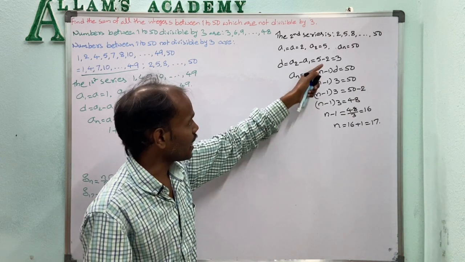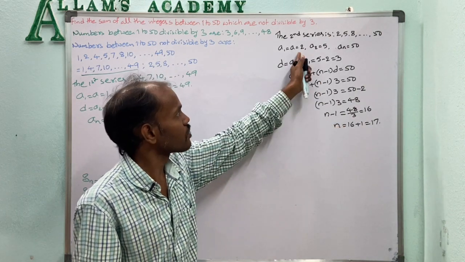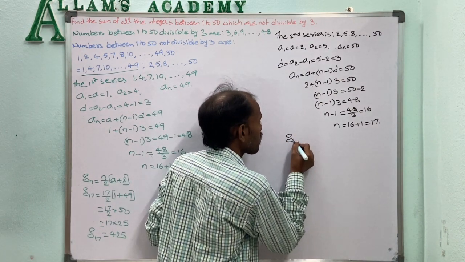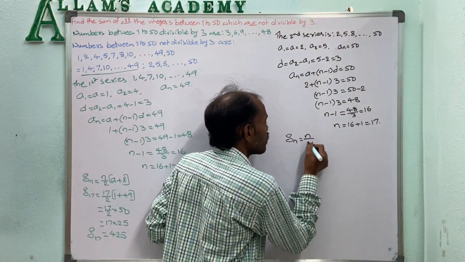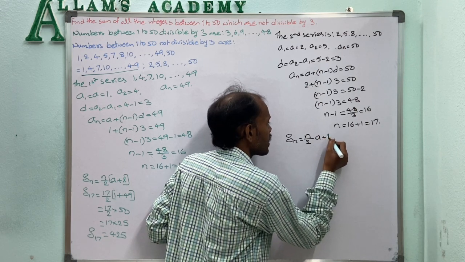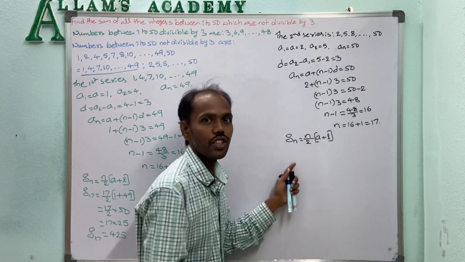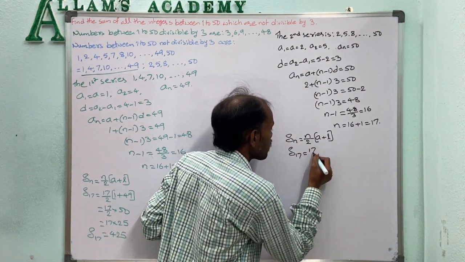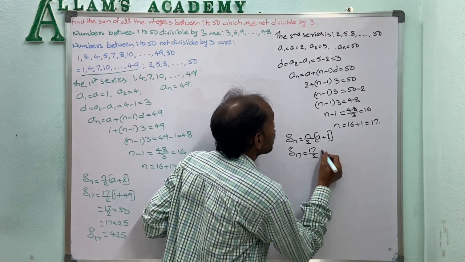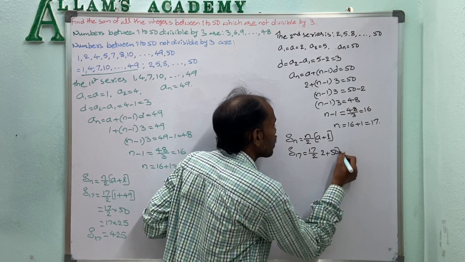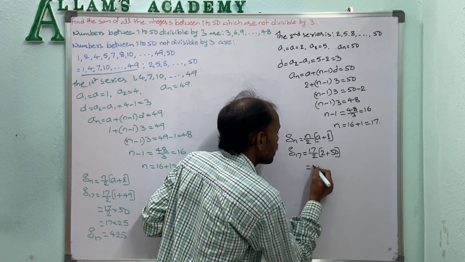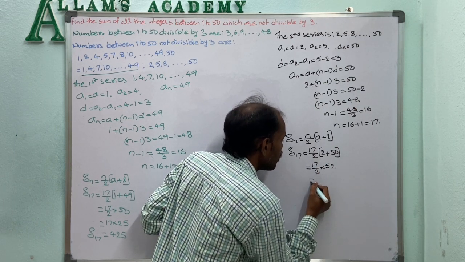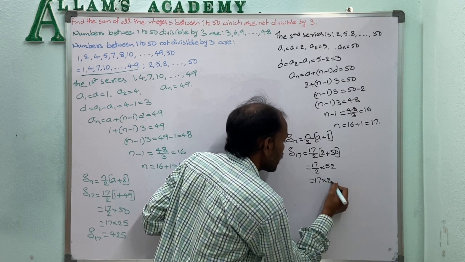Now the number of terms is 17, we know. So now we find the sum of the 17 terms. Here we know the first term and last term, so we use the sum of n terms, Sn is equal to n by 2 into a plus l. So S17 is equal to 17 by 2 into a equal to 2 and l equal to 50. So 2 plus 50 is 52. So 52 by 2 is nothing but 26.